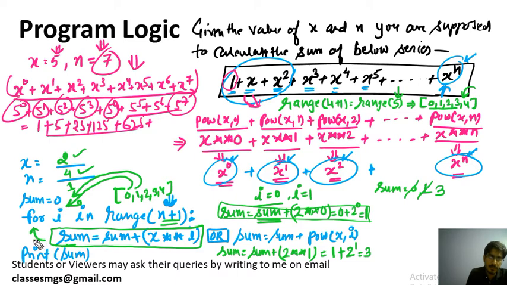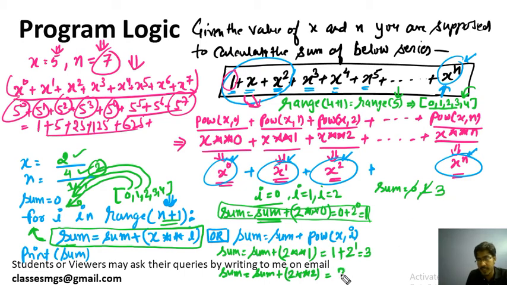Now this loop doesn't have anything else, so it will go and fetch the third value from the range. This time i becomes 2, and this line is executed again: sum equals to sum plus 2 star star 2. The sum variable already has 3, and 3 plus 2 raised to power 2, which is 4, gives 7.